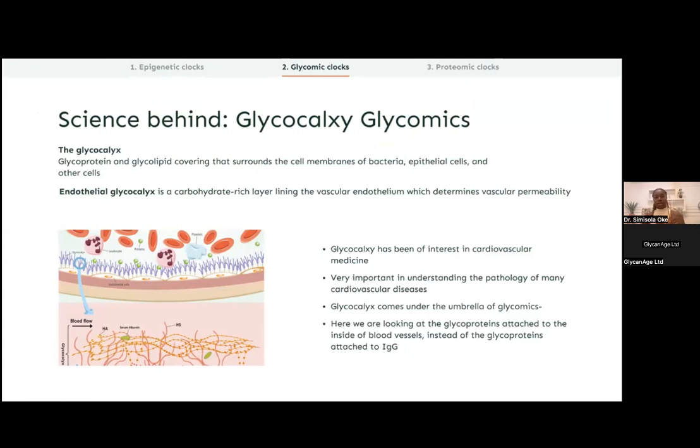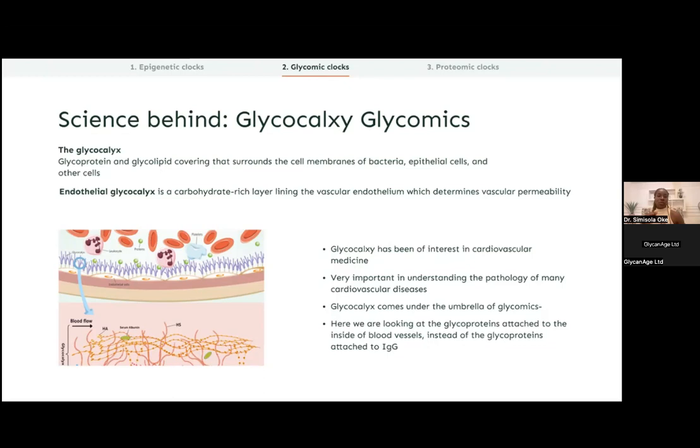Glycocalyx has recently had a bit more buzz around it because it's being used specifically in cardiovascular medicine, by people who look at your vasculature, your blood vessels. If you imagine your blood vessel as a tube, the inner surface has a glycocalyx layer, which is a layer of complex molecules.